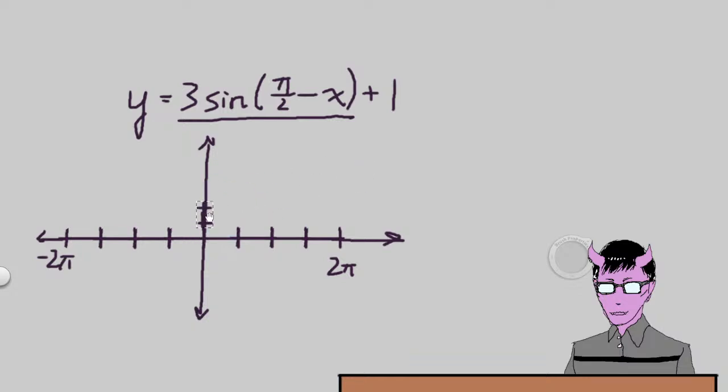So 1, 2 hash marks, 3 hash marks, and then 4. I'm going to put 1 more because I like to have 5.